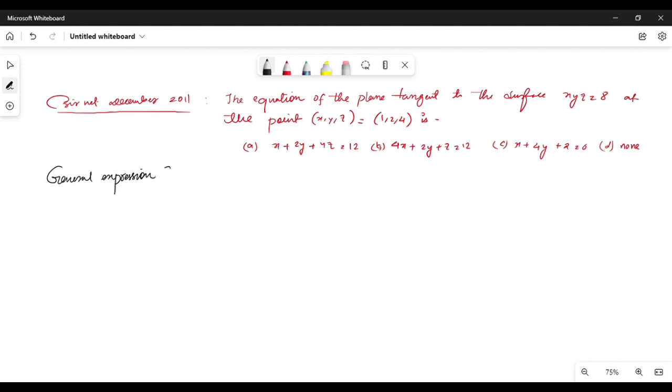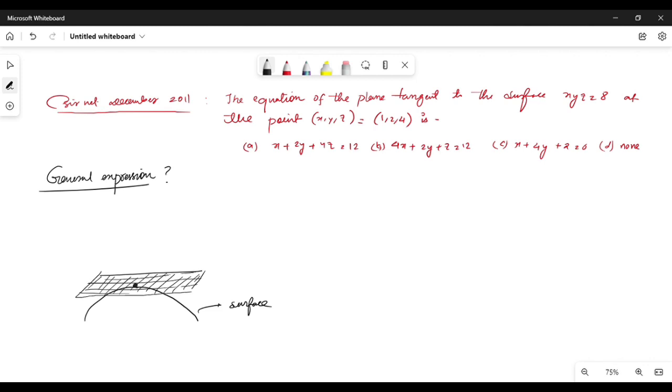right? So let me draw a surface, level surface here, right? And this is a surface, right? And suppose I'm drawing a tangent plane like this, right? Suppose this is a tangent plane, tangent to the surface, right? At a certain point, I'm denoting this point, this one, right?